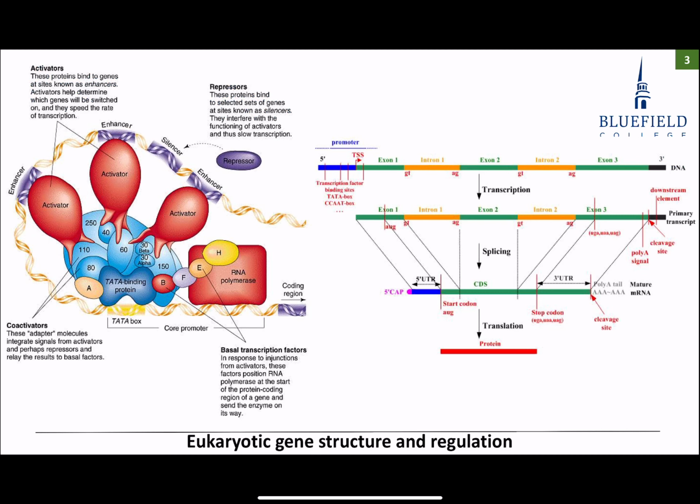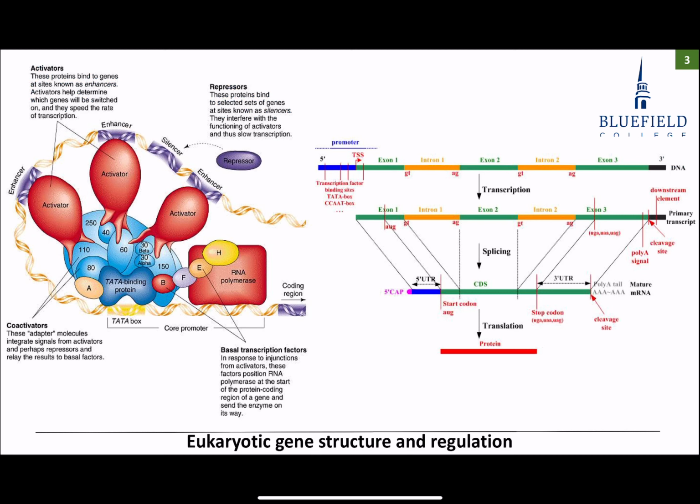All these steps, including splicing or even the transformations of the ends, like the formation of the 5' cap, are also regulated by other proteins. So all these proteins contribute to fine-tuning of gene expression.